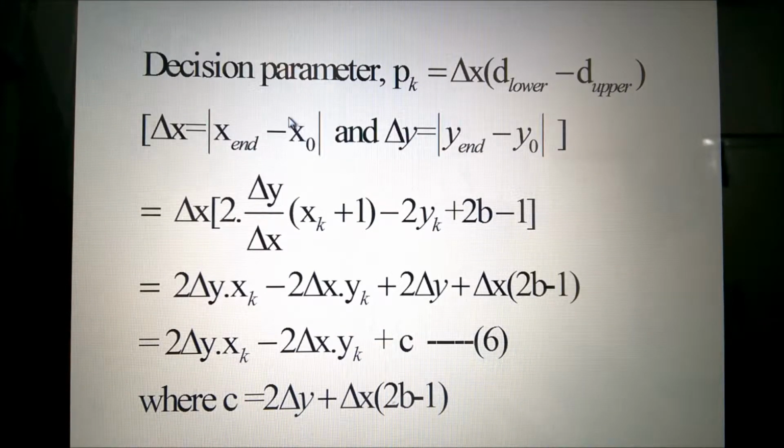Now in this algorithm we have to find a decision parameter, and the decision parameter is the difference between d lower and d upper multiplied by delta x, where delta x is the modulus of the difference of the x coordinate of the end point and the initial point, and similarly delta y. If we substitute that in the previous equations, we get an equation for pk, the decision parameter, and here I am showing the derivation of it.